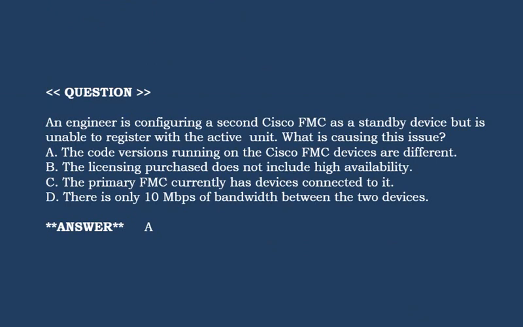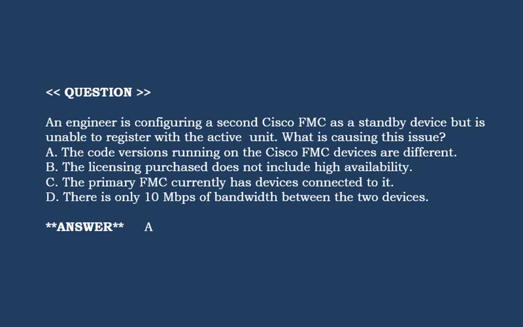Next question is: an engineer is configuring a second Cisco FMC as a standby device but is unable to register with the active unit. What is causing this issue? Option A, the code versions running on the Cisco FMC devices are different.